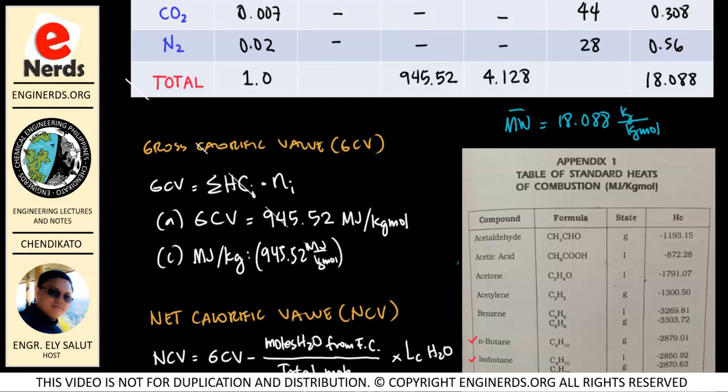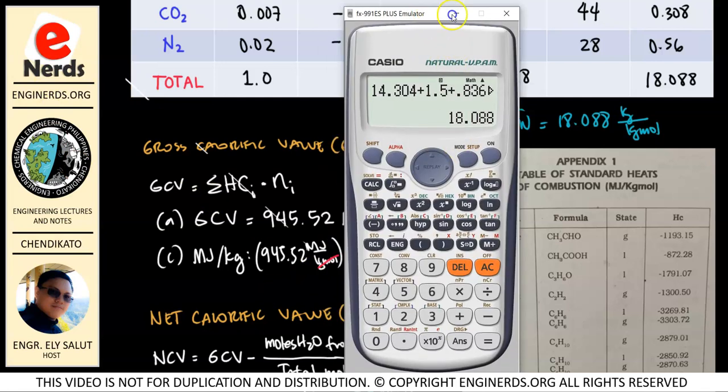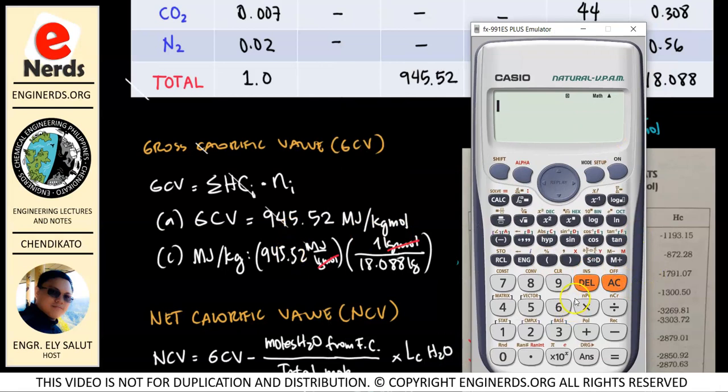So, now we can calculate for our requirement, megajoule per kilogram. So, what we need to do is to divide it by our molecular weight. So, we have 18.088 kilogram per 1 kilogram mole. Okay? So, maka-cancel out ang ating kilogram mole. Ang maiiwan sa atin is yung megajoule per kilogram.